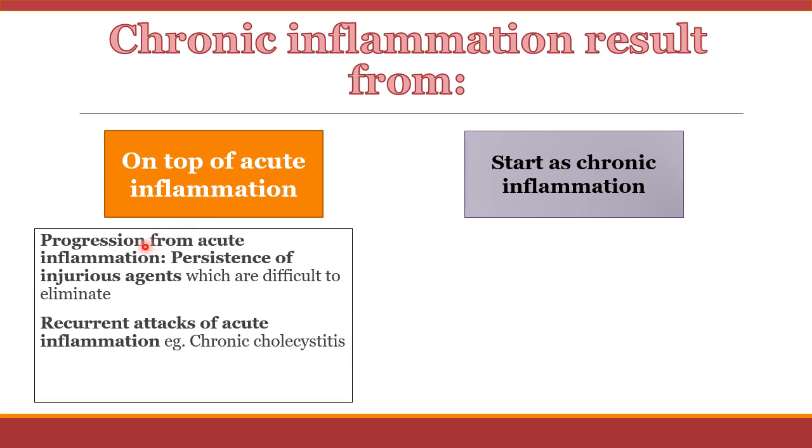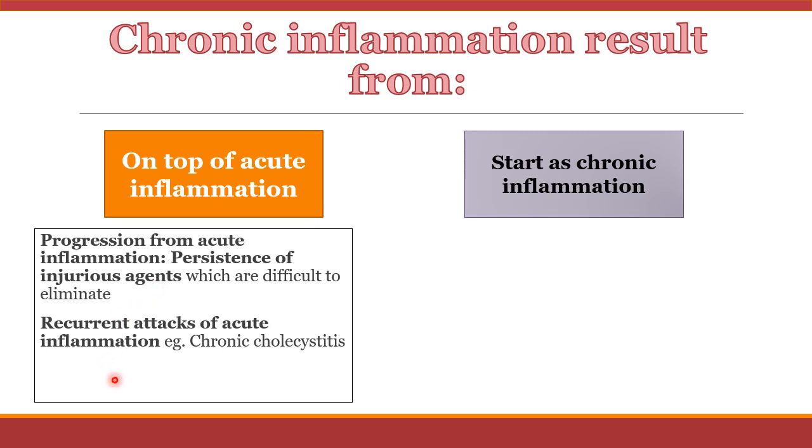Maybe it is a progression from previous acute inflammation because of persistence of the injurious agent, because some injurious agents are not easy to eliminate. They remain in the tissue and are resistant to damage. So this persistent injury will transform from acute and progress to chronic long-standing inflammation.